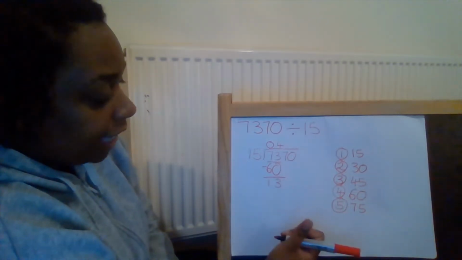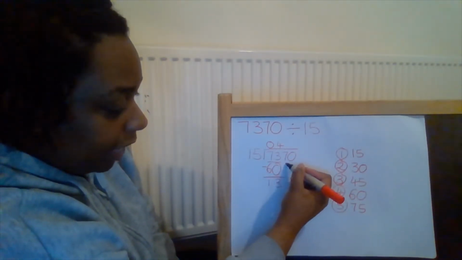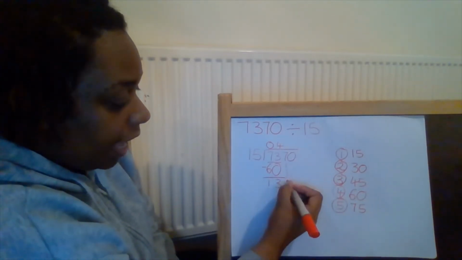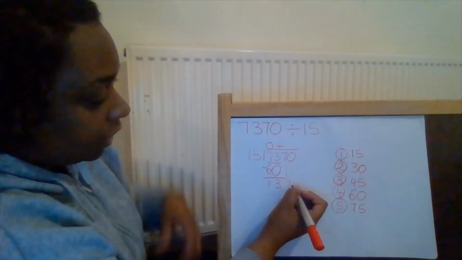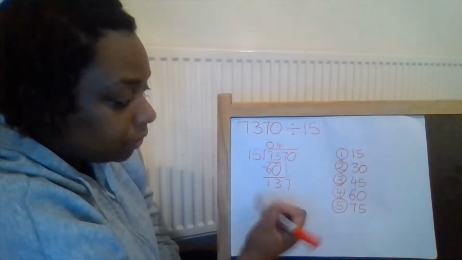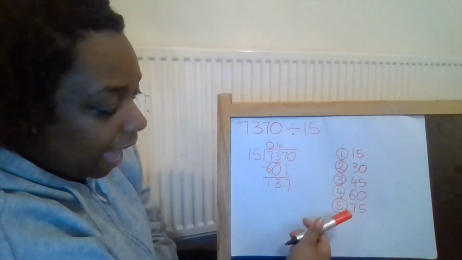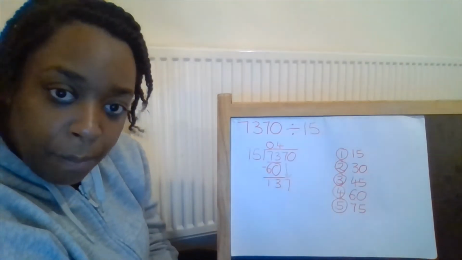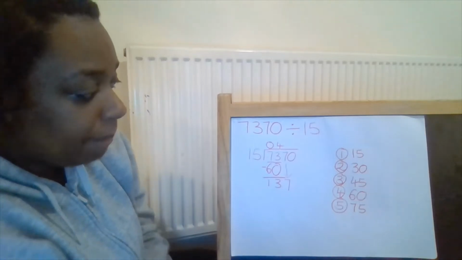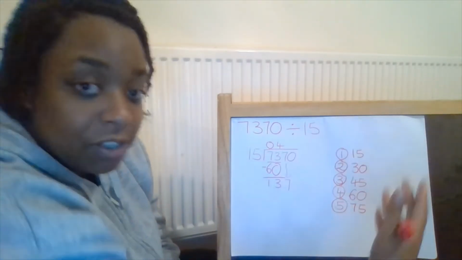Okay, so now we're going to move to our next digit, which is the 7. So we need to bring that down next to our 13 that we have left over, and that's now going to make 137. So we're now going to look at how many times does 15 go into 137. But now I look at my working out I did earlier, and I think I need to work out a few more multiples of 15, which is absolutely fine because I can use some of those tricks we did earlier to work out some higher multiples.